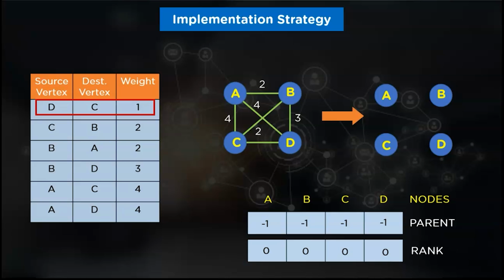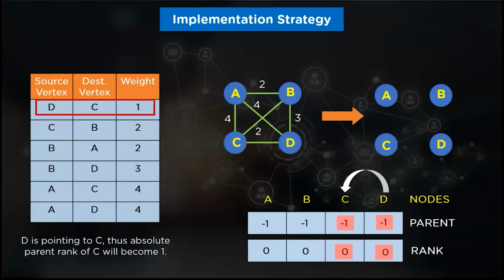So let's check out the parent set to determine the absolute parent value of node D and C. The parent value of node D is -1 and the parent value of node C is also -1. Both of them have the same ranks, which means either we can make node D point to C or node C point to D. Here, I'll assume that node D points to node C.